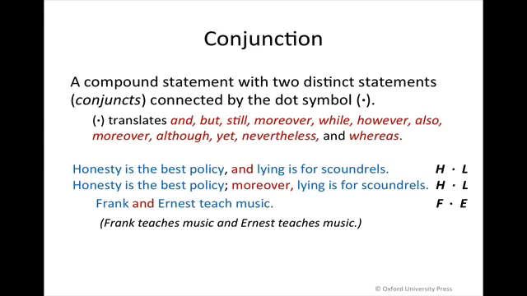Conjunction we've already seen by way of the word and. Conjunction says effectively both sentences on each side of the dot are true. So take a look at, in red, how many ways we have to conjoin. And, but, still, moreover, while, however, also, although, yet, nevertheless, and whereas.